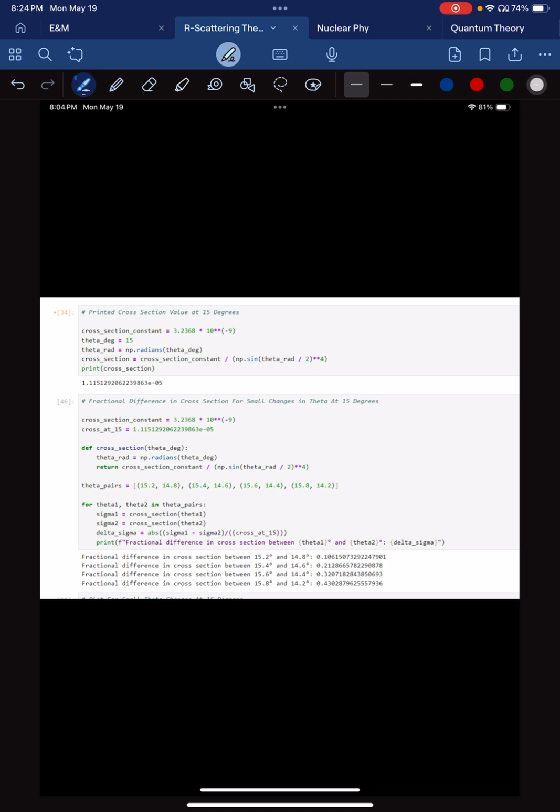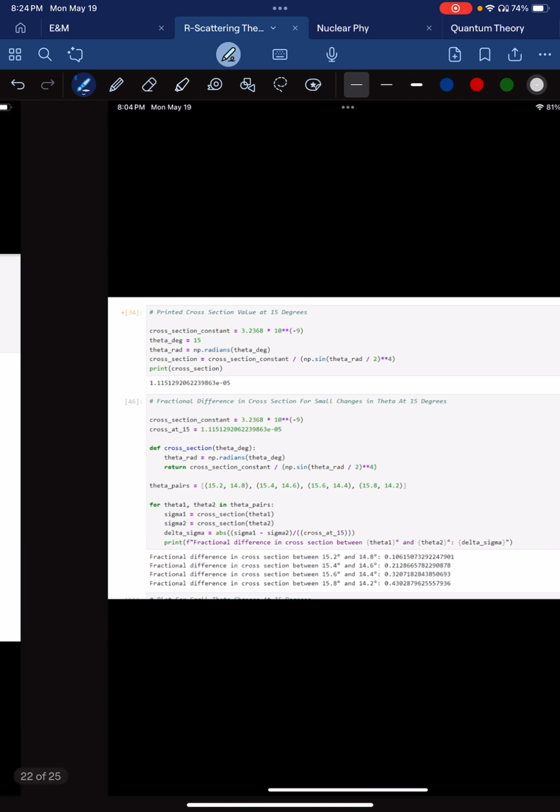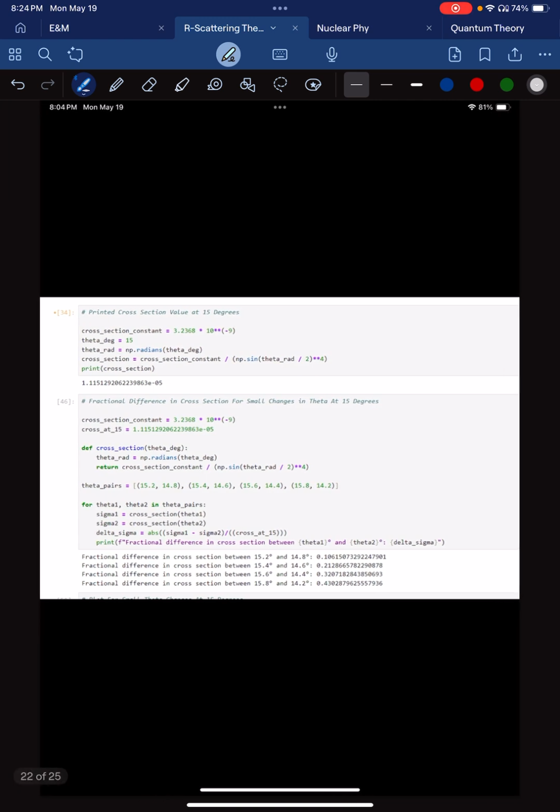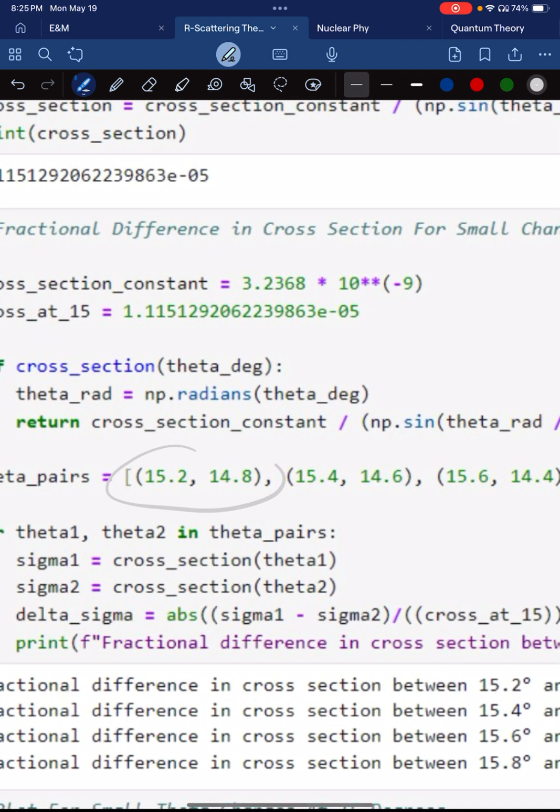But basically what he asked me to do is he wanted to know how sensitive the cross section was to differences in angle, incident angle changes. So what he had me do was calculate the cross section at 15 degrees and then calculate subsequent differences of 0.2, 0.4, 0.6, and 0.8 changes in angle plus or minus, which is what you see here.